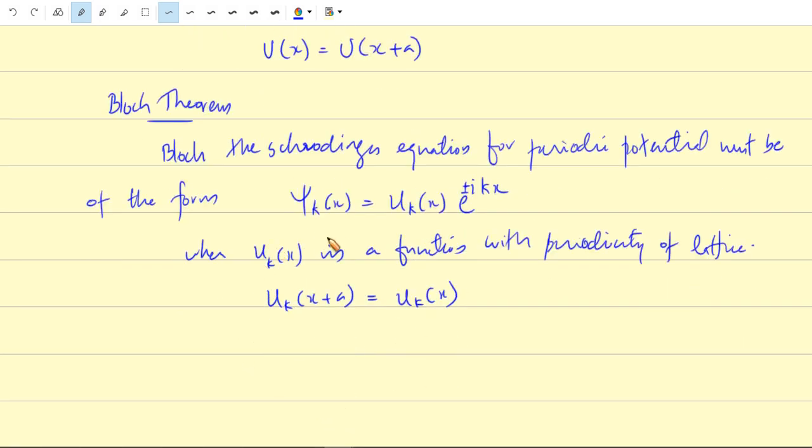So for a periodic potential, the wave function should be of this form. The theorem we can explain in other words.